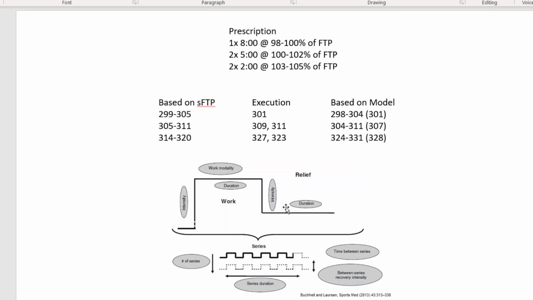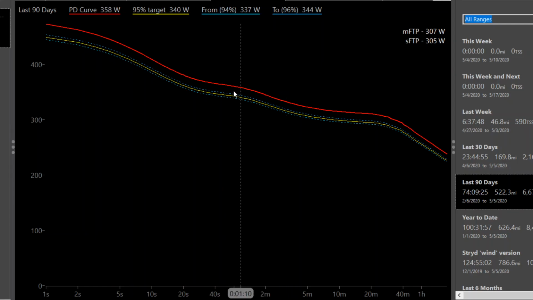We're not going to go into the recovery duration for that interval or the intensity. That's a whole other ball game, a whole other video. But at least what I've been able to demonstrate is how to use your Stryd power duration curve model to provide you a customization of your interval targets.